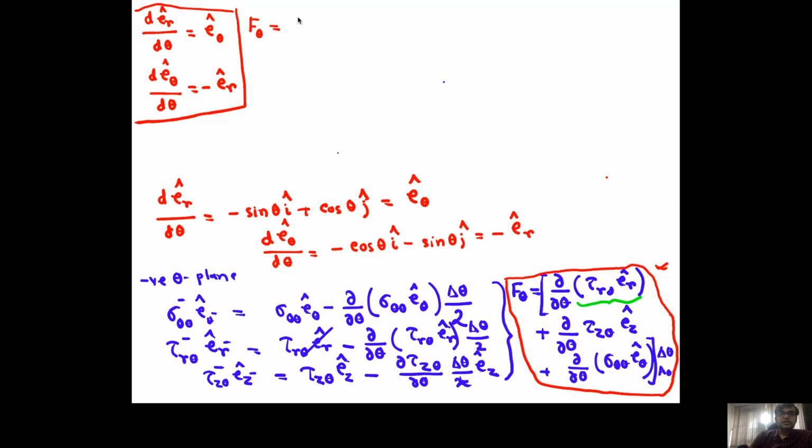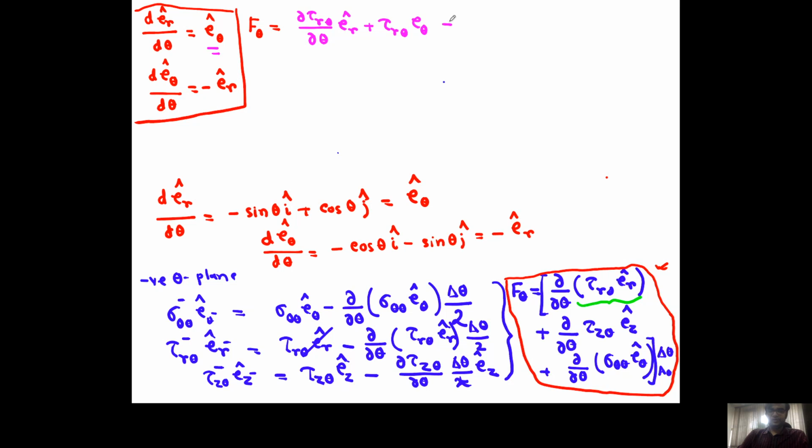That will give us del tau r theta del theta er cap plus tau r theta, and since er is only a function of theta, I can write d er cap d theta, and quite clearly I'm going to write it as e theta. So that is the first term.